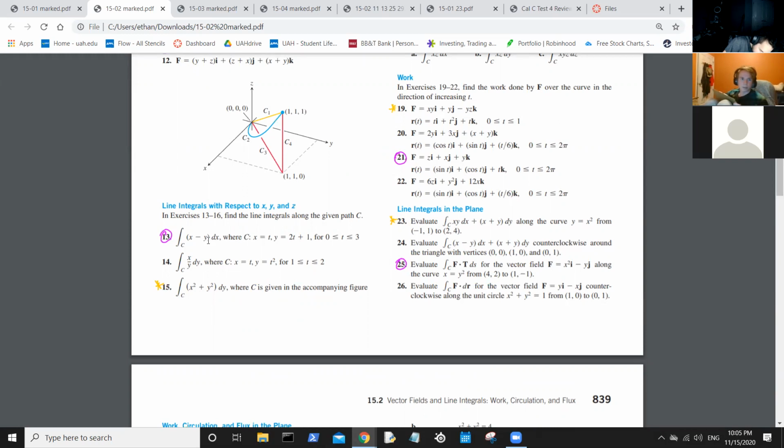Hopefully I'm wrong about this. Anyone else get root 5 as their magnitude? This seems a little too easy.